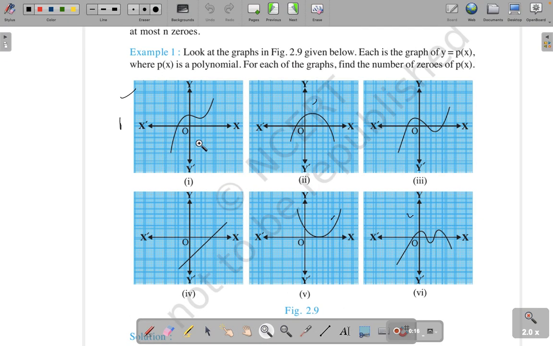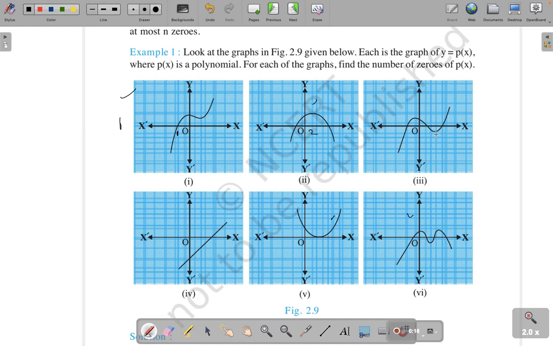So can you tell me how many zeros each of them have? This one, 1 zero, right? How many zeros does this have? 2.